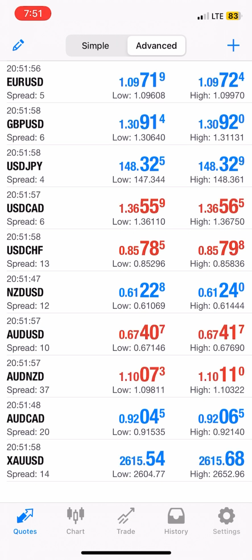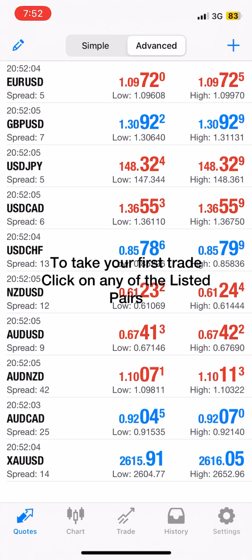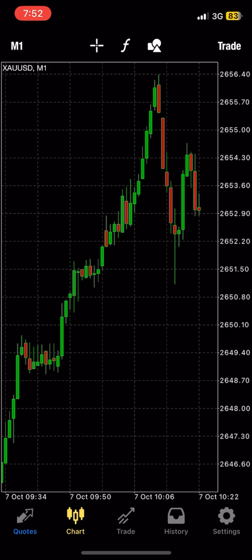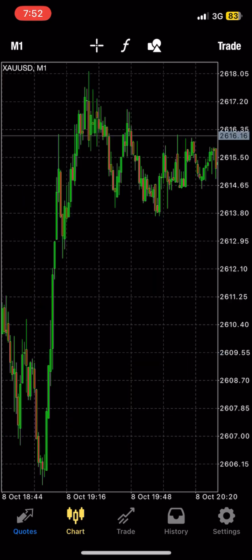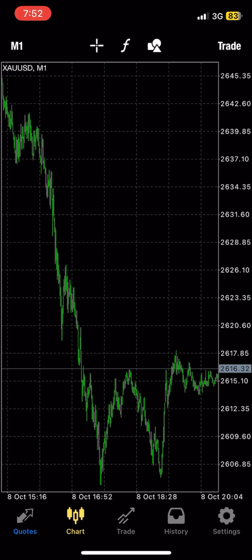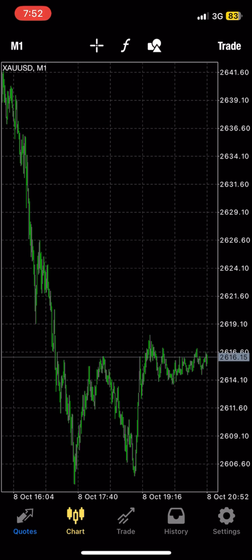Then we have the mini lots, which contain 10,000 units of the base currency, written as 0.10. Then we have the micro lots, written as 0.01 on your MT4.